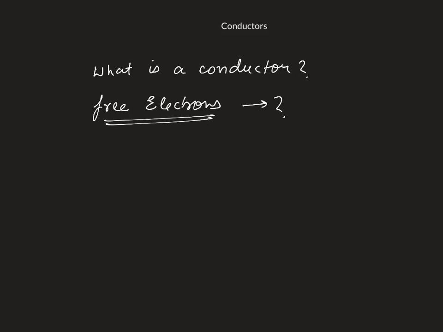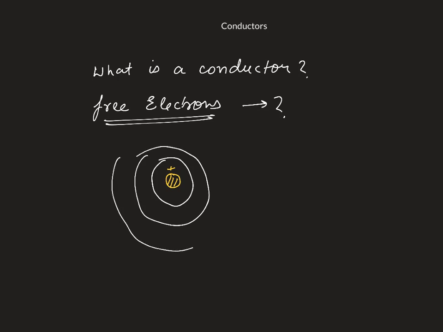Now again, what are free electrons? Free electrons are the type of electrons which are not attached to a particular atom or a nucleus. So let's say this is one nucleus, positive charge of course, and there are a lot of electrons around it.